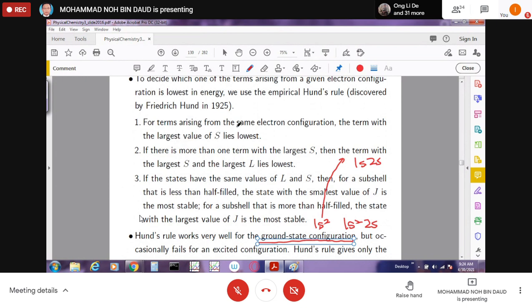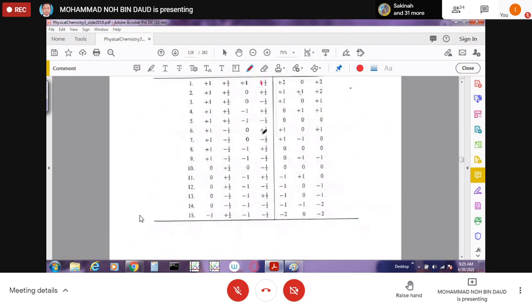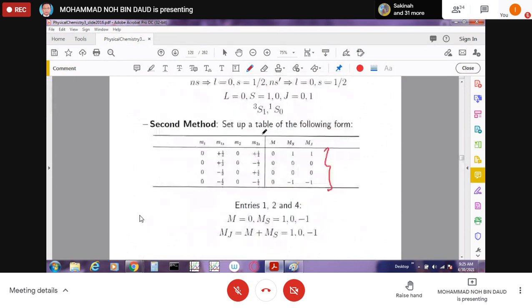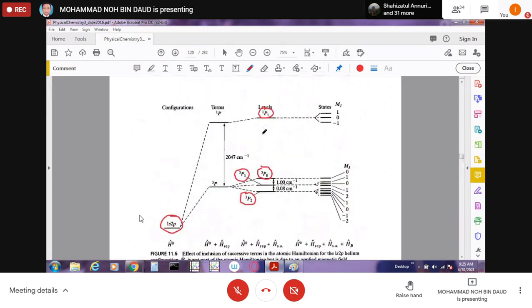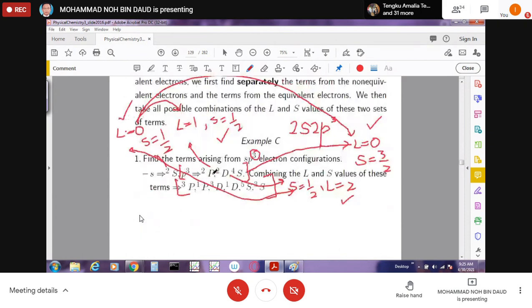For terms arising from the same electronic configuration, the term with the largest value of S lies lowest. You can refer to these tables. I forgot.